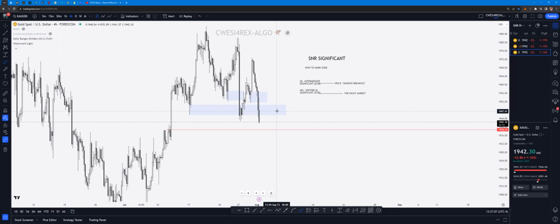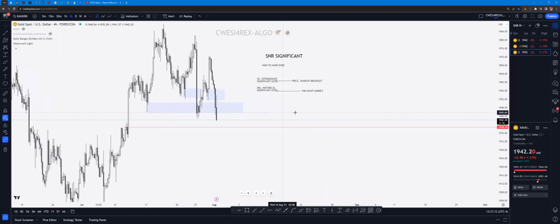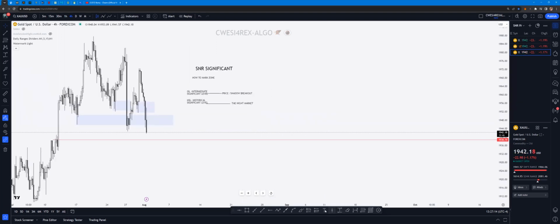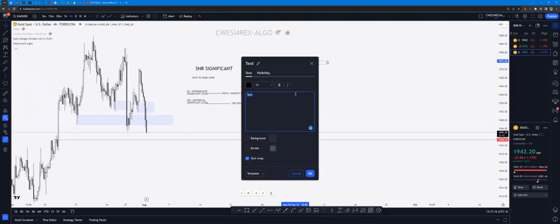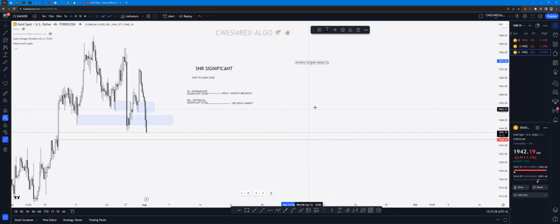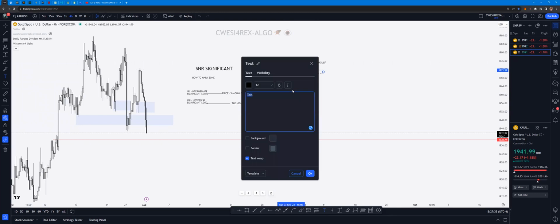So let's do an example on basic engulfing. Under the basic engulf, we have the sell setup.